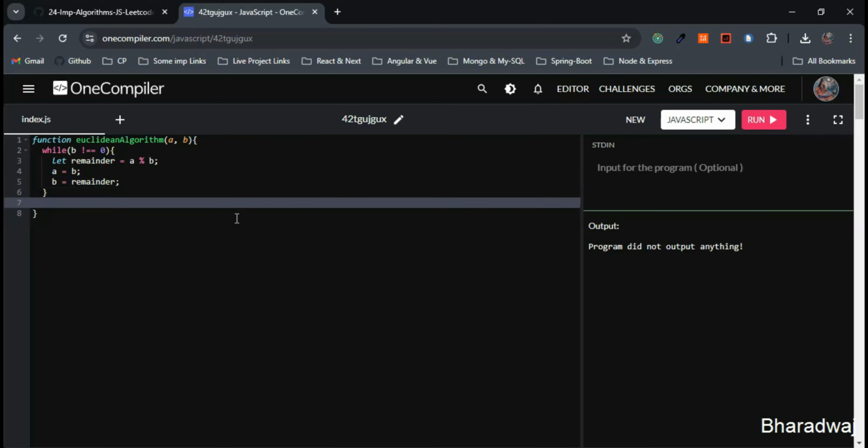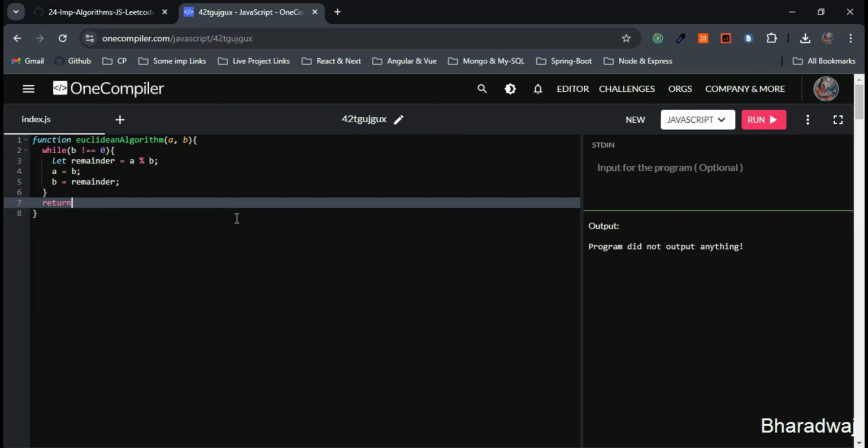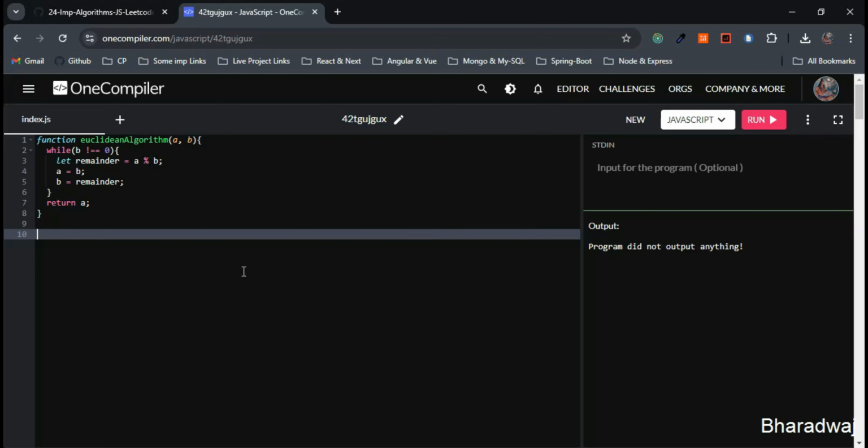I hope this is clear. Finally, we return the non-zero value of A. One number will be 0 and the other will be non-zero, and it will be the GCD, as we discussed in the approach. So I'll write return A.